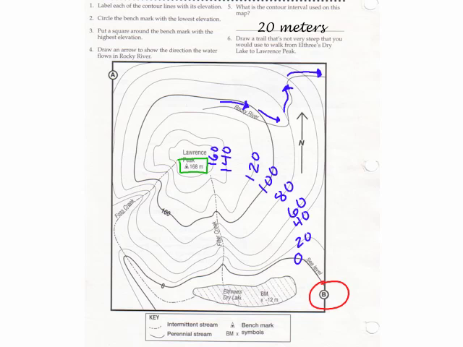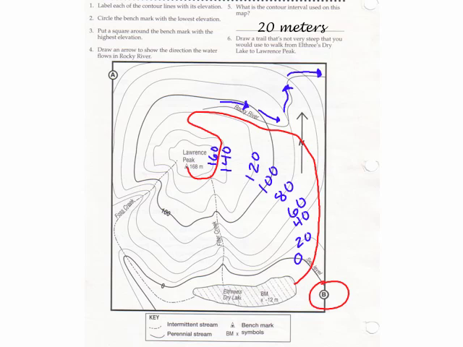So I'm just going to show you my trail that I drew. This doesn't have to necessarily be your trail, but your trail has to do some similar things to what my trail did. So if you look here, my trail starts at the Dry Lake, and I try to take the least steep path up and try to kind of zigzag back and forth.